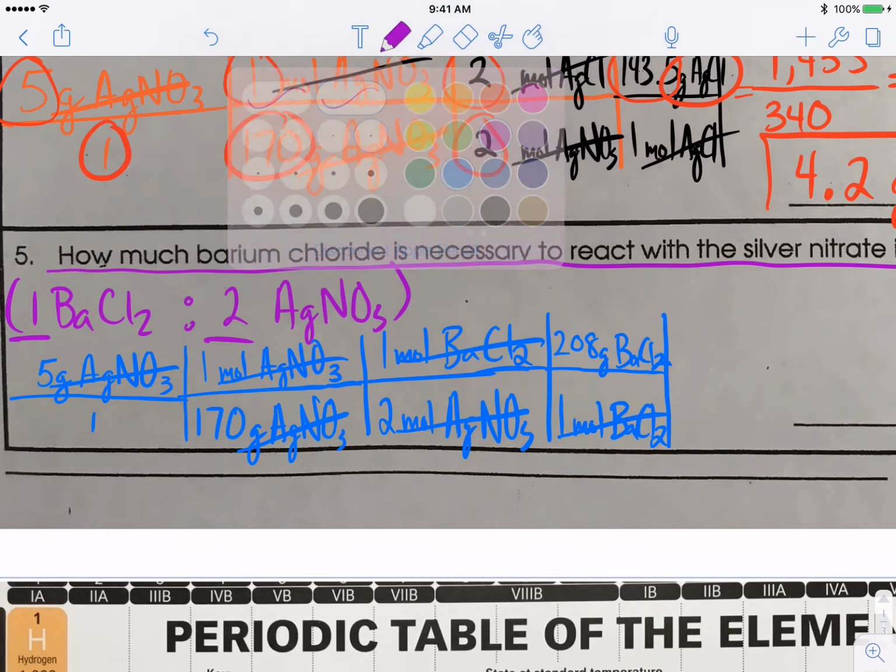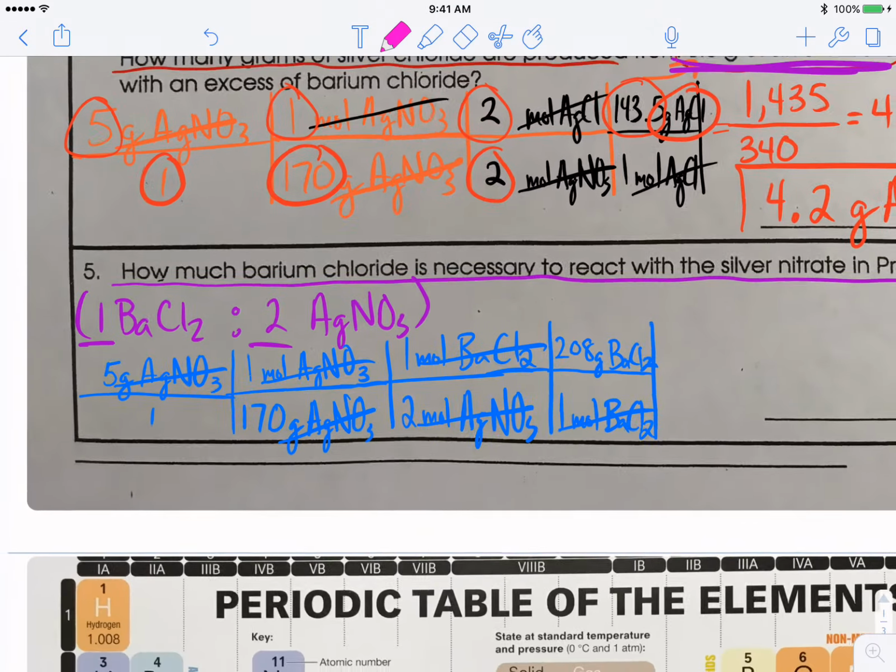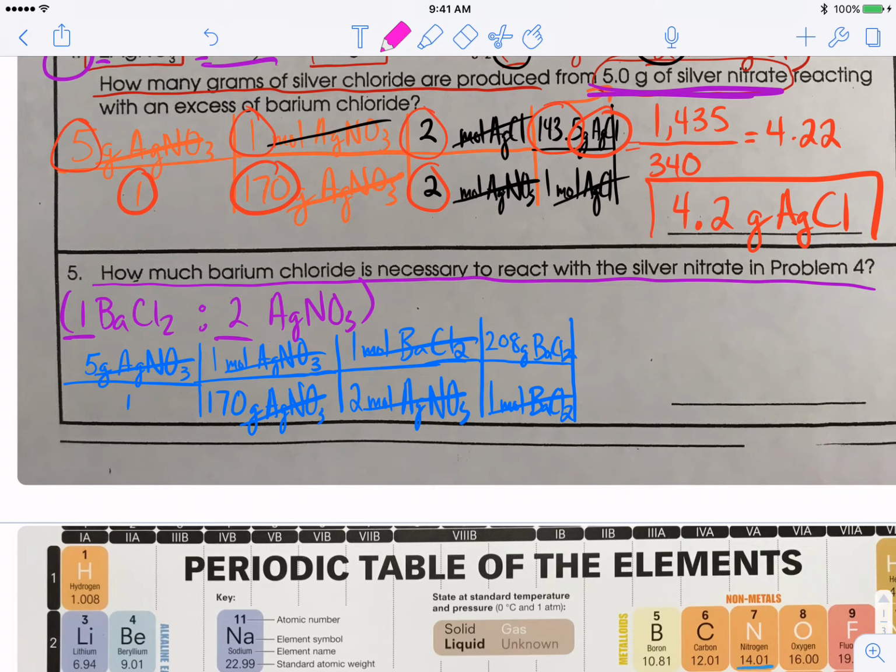So last but not least, let's pick a different color. We're going to multiply across all our numbers. So 5 times 1 times 1 times 208 will give us approximately 1,040. 1 times 170 times 2 times 1 will give us once again 340.